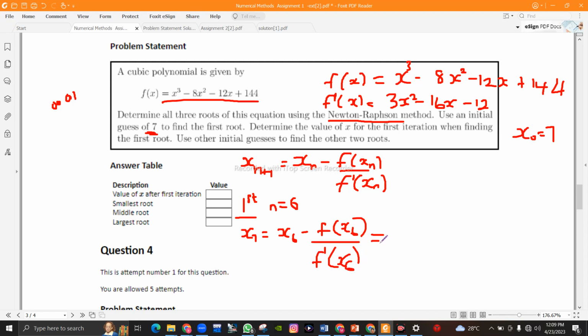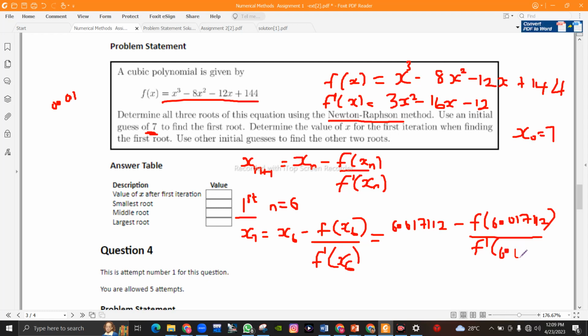Our x6 is 6.017112 minus f of 6.017112 divided by f prime of 6.017112. So we calculate this.